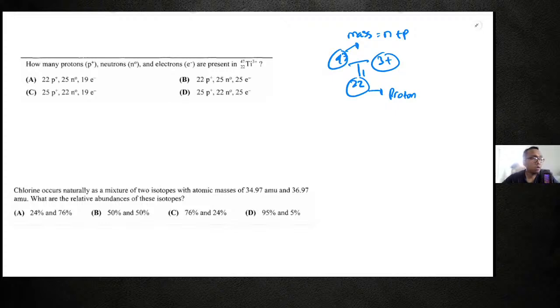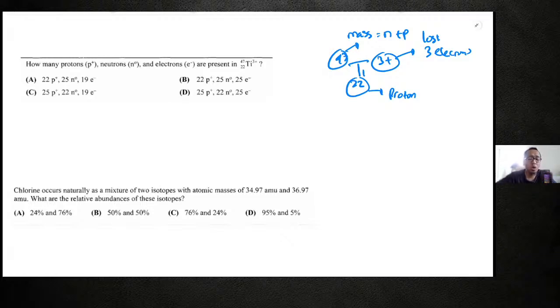The concept to know here is, like I mentioned, we can do proton first. Because the charge here is positive, we can understand that it lost 3 electrons. How about the proton? It's still the same.